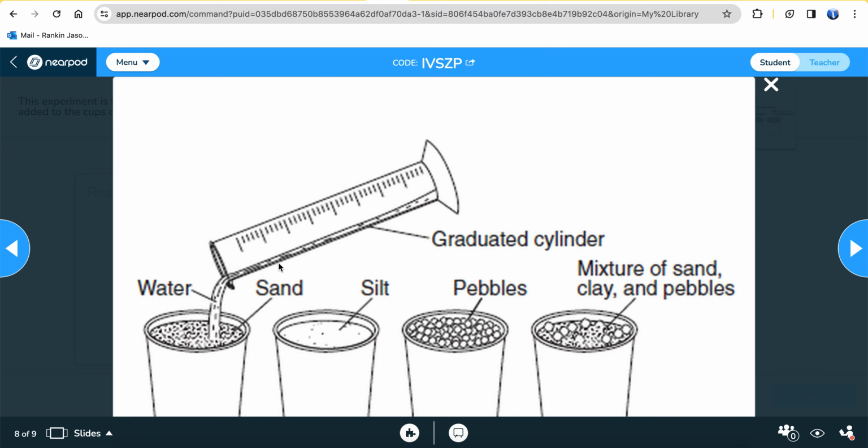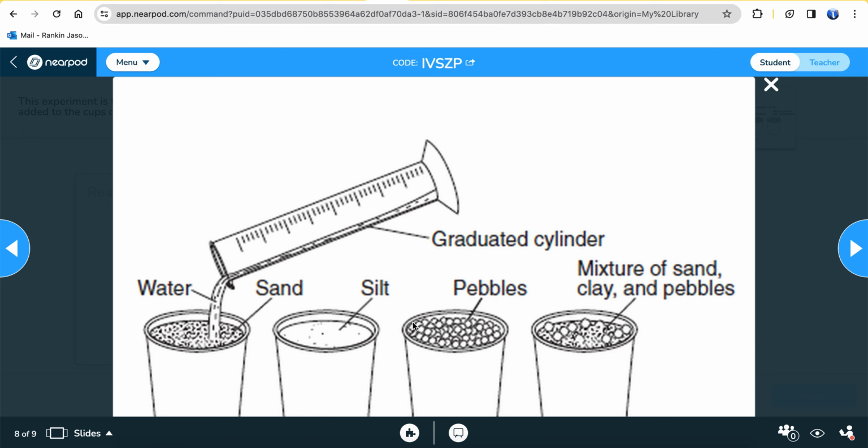All right, so if you pour in equal amounts of water, let's say, for instance, if the sand needed 50 mLs of water, the silt would also have 50 mLs of water, and the pebbles would also have 50 mLs of water. More than likely, it's very hard to put these real sediments loosely packed.